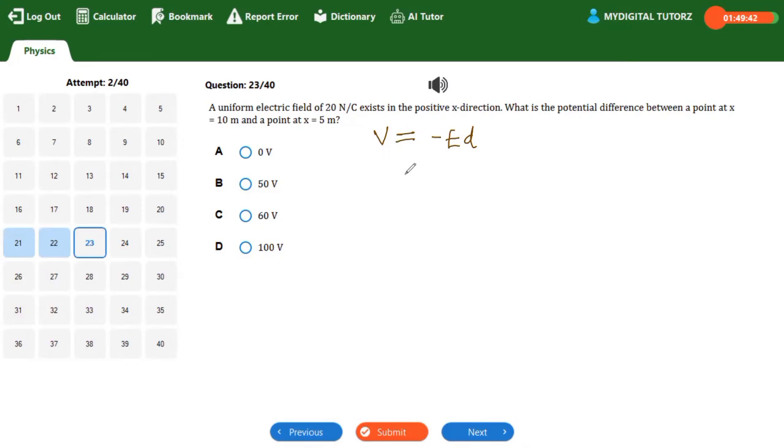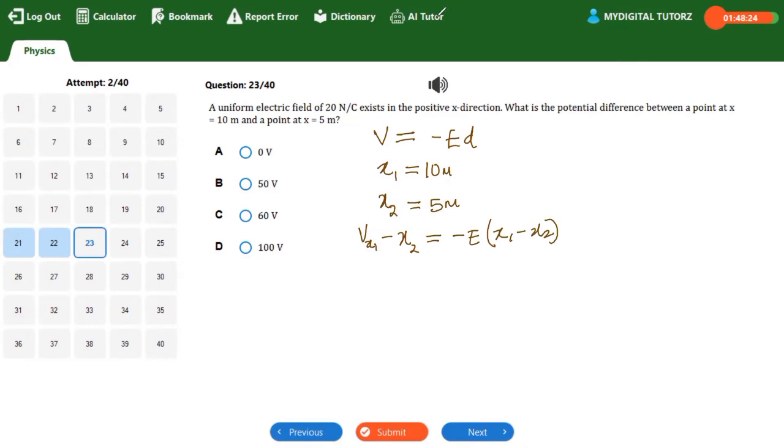So in this case, let's say x1 is 10 meters, and x2, the second point, is 5 meters. So there's going to be a change in potential. That is potential at x1 minus potential at x2, which will be equal to minus electric field multiplied by the difference, which is x1 minus x2. I hope this is understood, right?